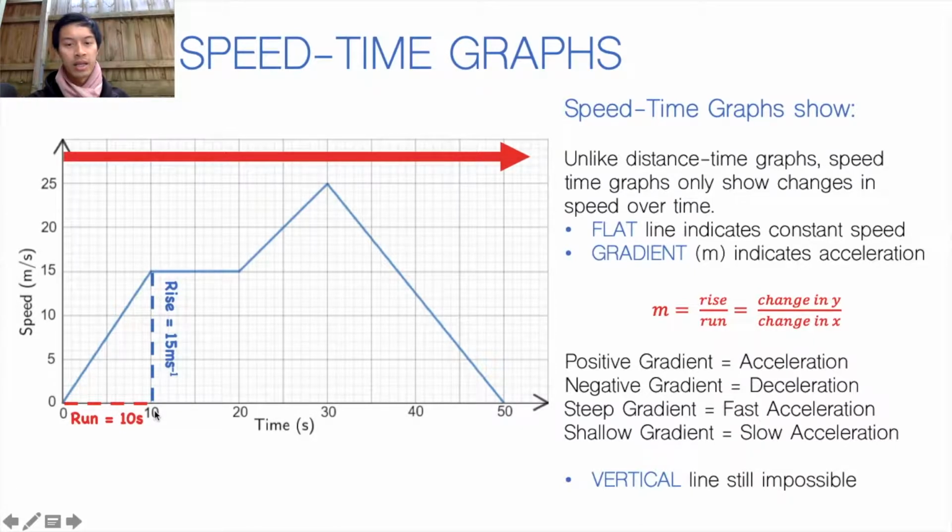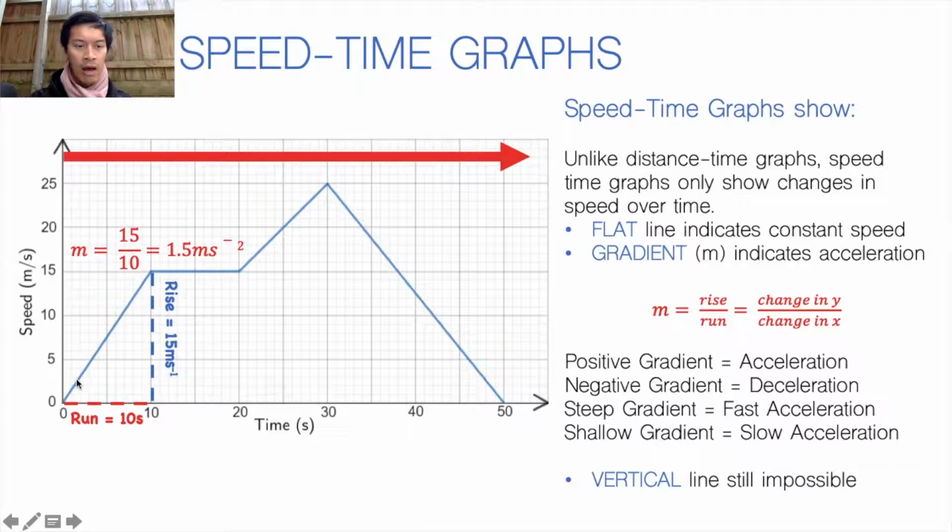What that means is that the car has accelerated, and you can calculate that rate of acceleration by dividing 15 meters per second by 10 seconds, giving you an increase of 1.5 meters per second every second, or per second squared. Okay, so you can't confuse the distance time graph gradients with the speed time graph gradients. You just need to make sure that you understand that they both are representing different information.